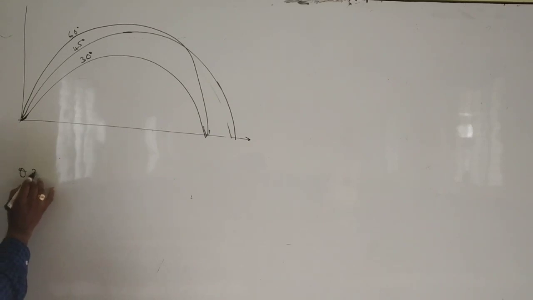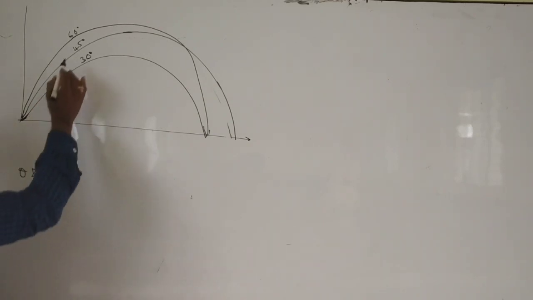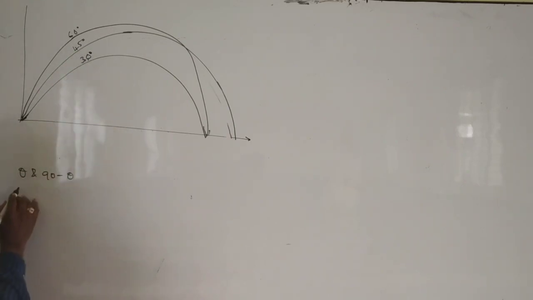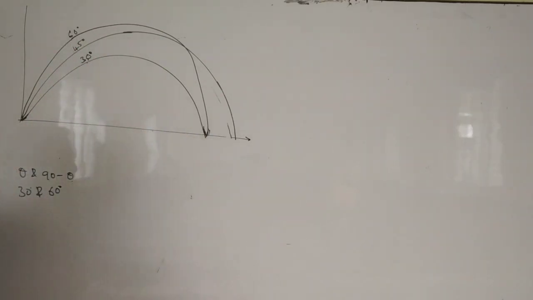So theta and 90 minus theta are both complementary angles. Suppose one is projected at 30 degrees, then the other will be 90 minus 30, that is 60 degrees. So these two are complementary angles, and that's why the range is the same.